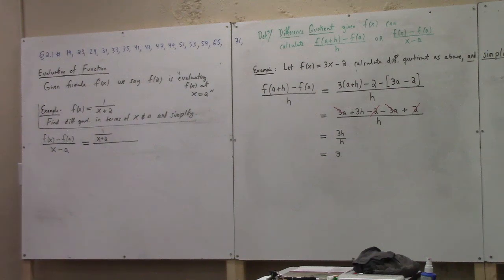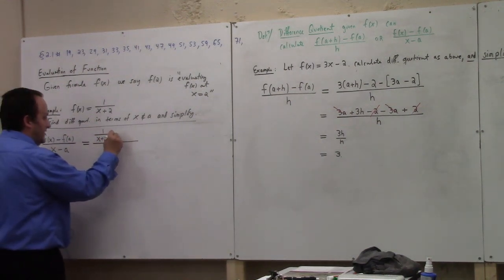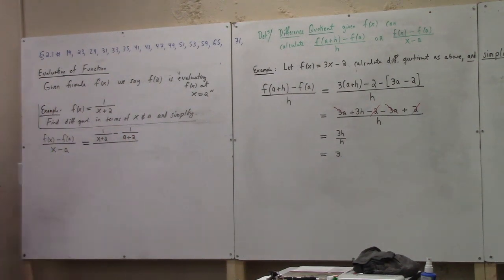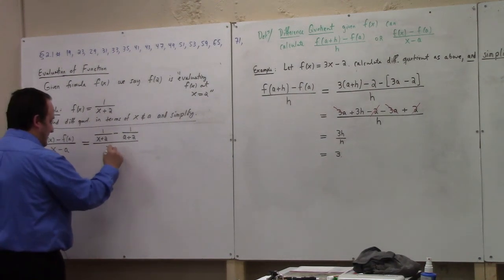And how about f of a? Yeah, we just plug a where x is, right? So minus 1 over a plus 2. And then, of course, downstairs we've got x minus a.